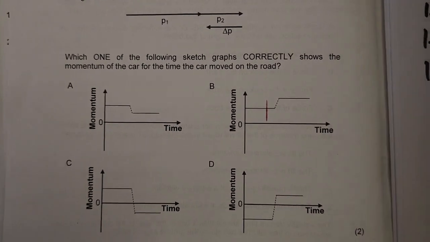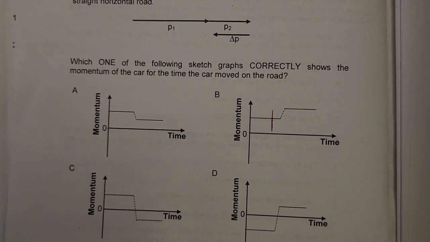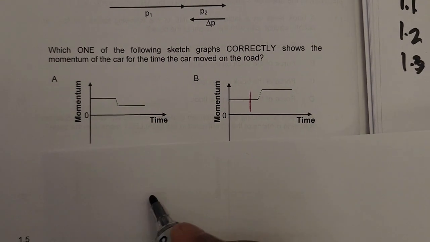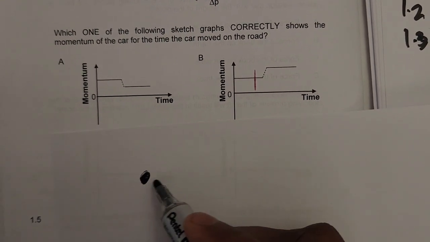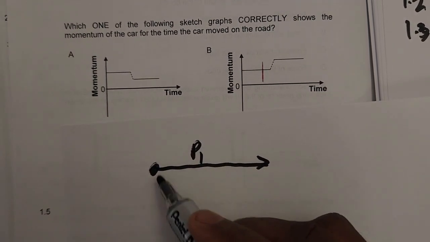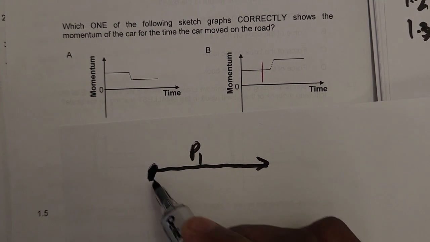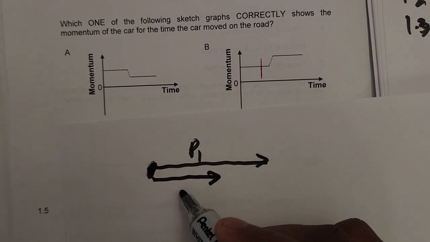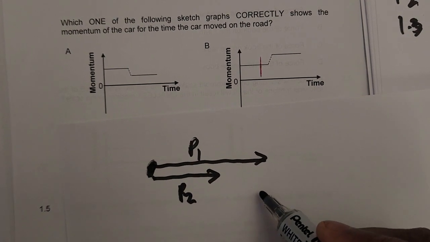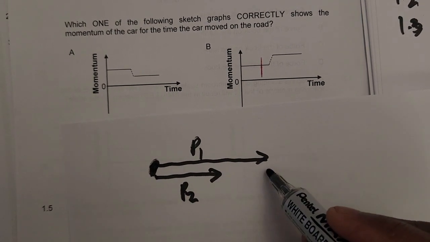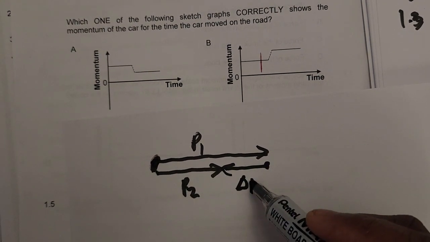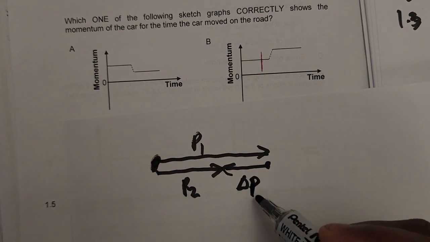Normally, if you want to master the momentum cases, it's better to do it in this fashion: when you are drawing delta P, you start with the initial, which is P1 in this case, and the final one will start at the same point. This one is P2. Then delta P is obtained when you join the head of the initial to the head of the final.